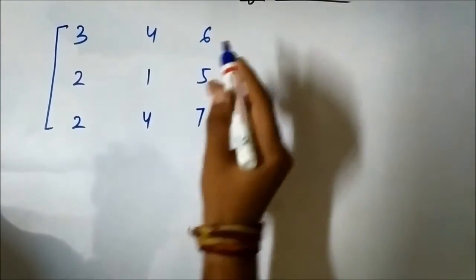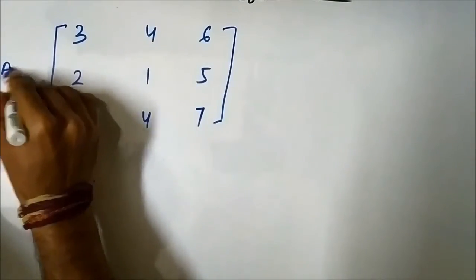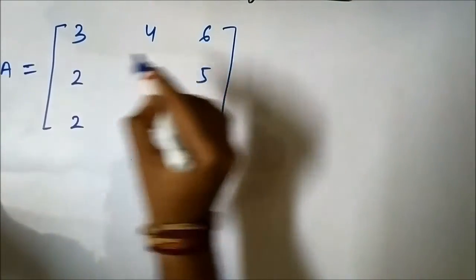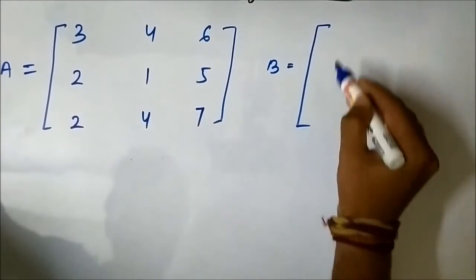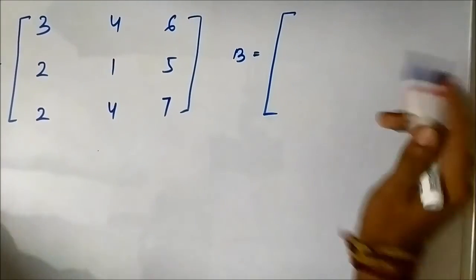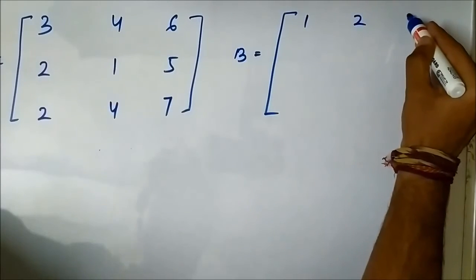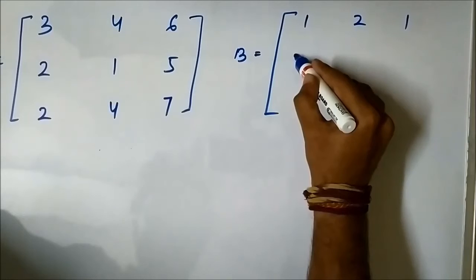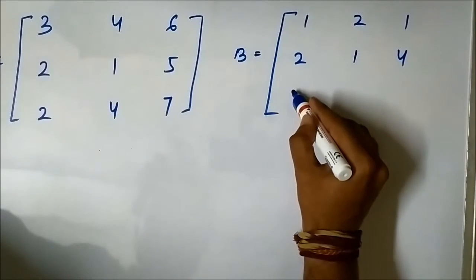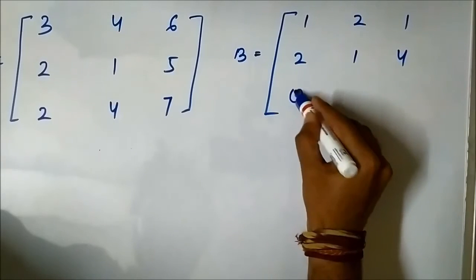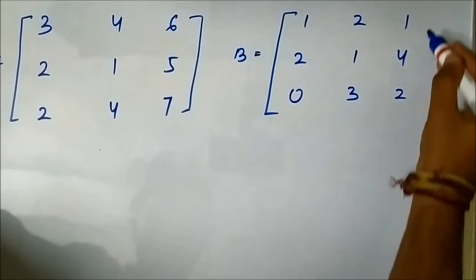This is one matrix, let's say this is A, and another matrix B is equal to 1, 2, 1, 2, 1, 4 and 0, 3, 2.